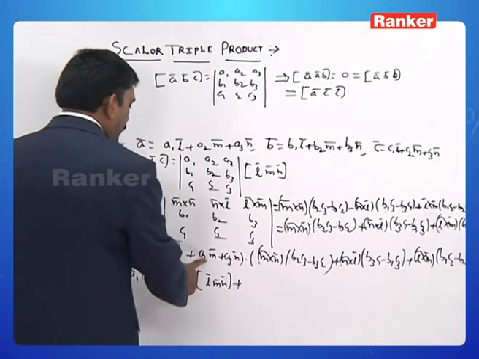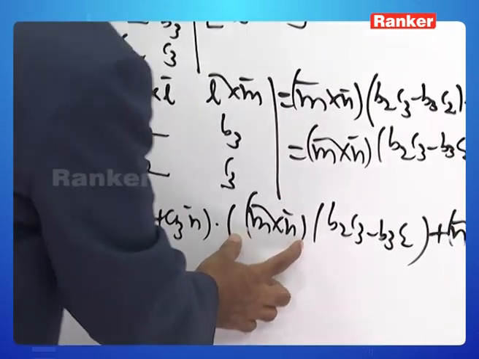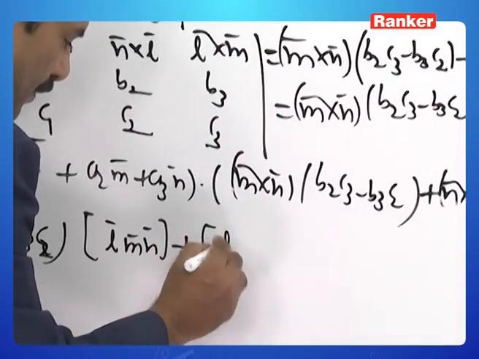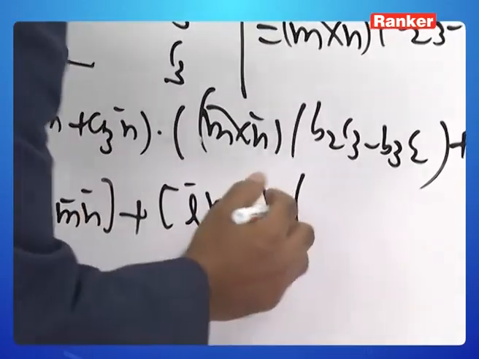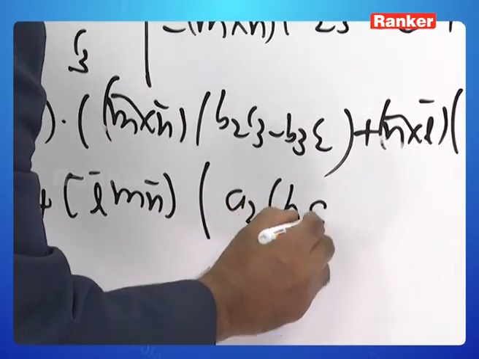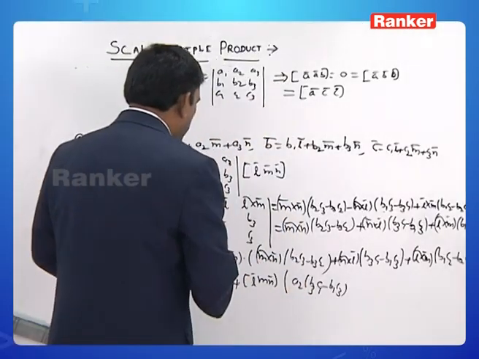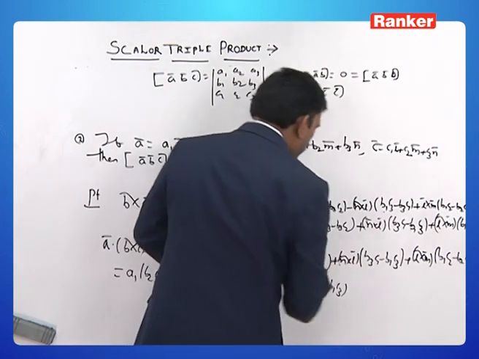Next, if you go for A2 into M bar, if you take a dot product, this is also 0. Now this is also 0, only this comes here. What happens now? Box of LMN into bracket, whatever is there, you take A2 into B3C1 minus B1C3. Next, similarly, A3 into N, this is also 0, this is also 0, only this comes with this one.